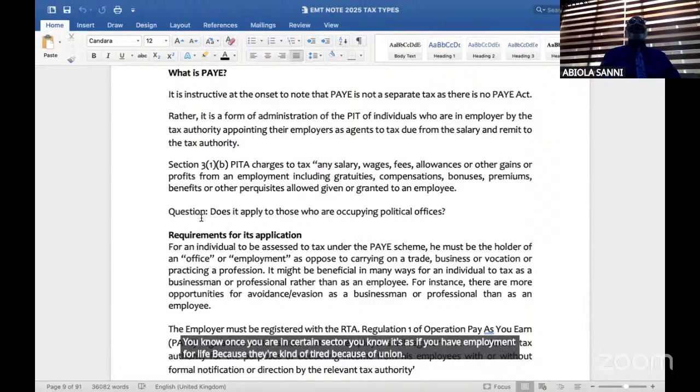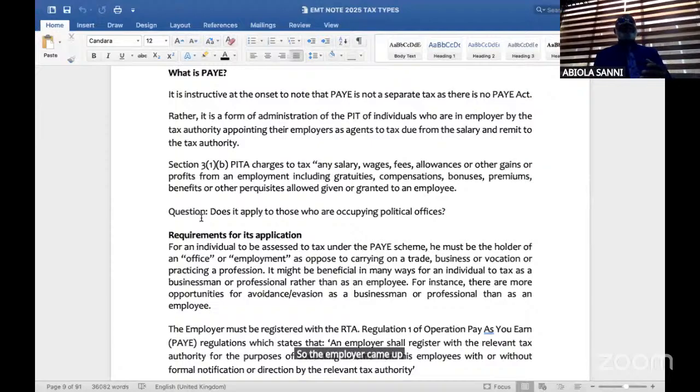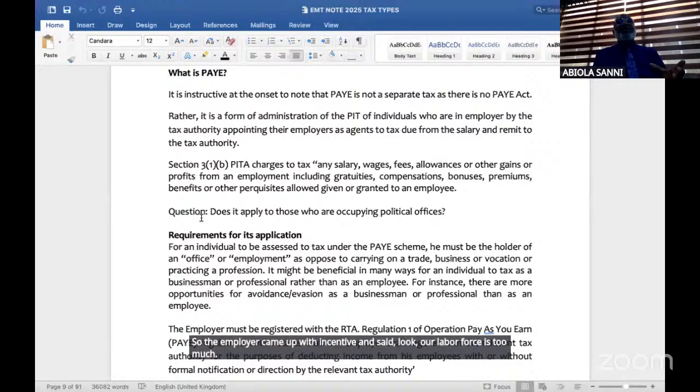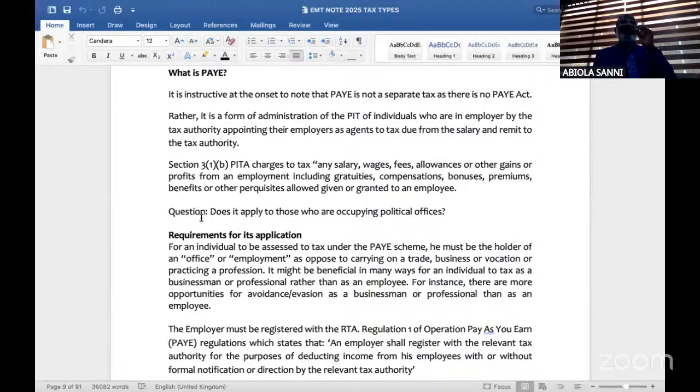So the employer came up with an incentive and said, look, our labor force is too much, we need to downsize. If you have up to 5 years to go, but you choose to go now, we'll give you a lump sum payment. They pay a category of people that lump sum. So the question is, is this lump sum payment taxable income?